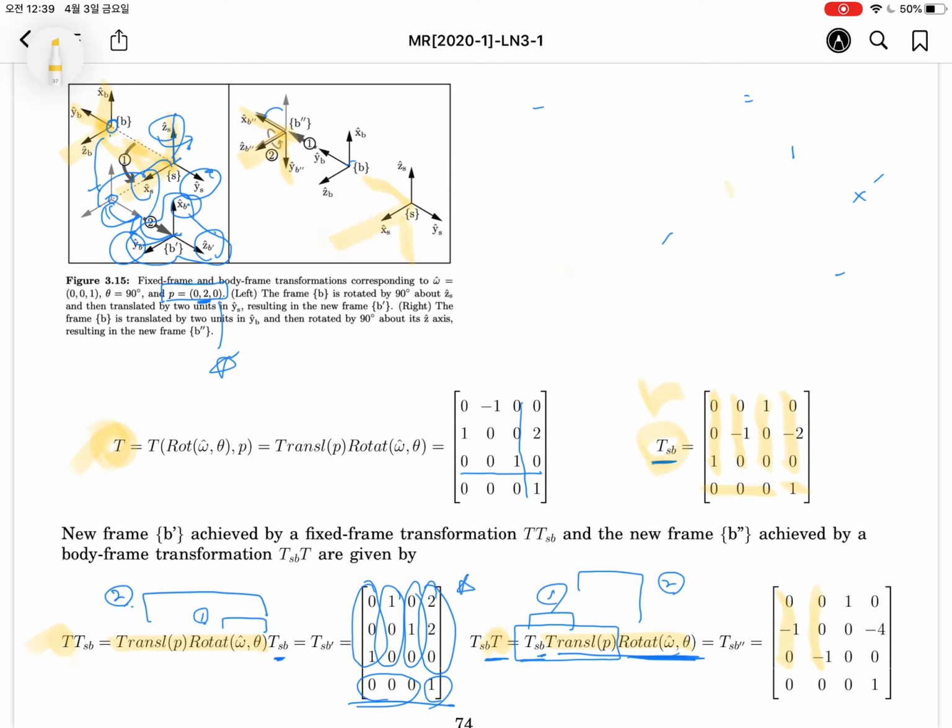And the z is aligned with the x-axis, 1, 0, 0. And then 2 units going forward, and then 2 units more going forward. So we have 0, -4, 0, 3, 0, and 1. Okay, you should memorize the difference between the pre-multiplication and the post-multiplication.